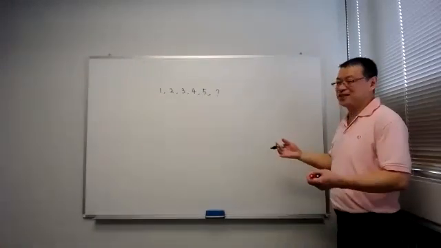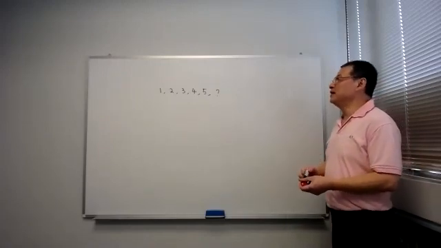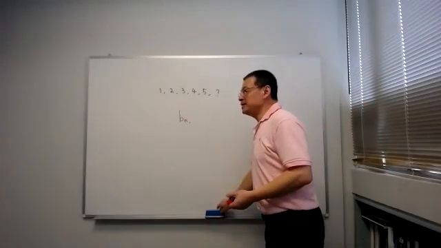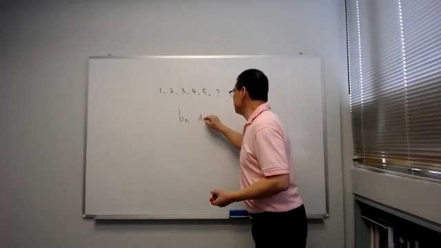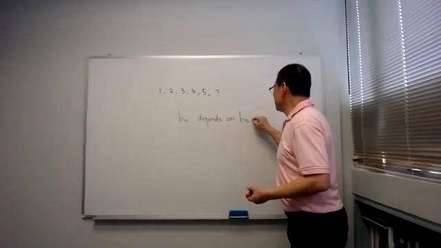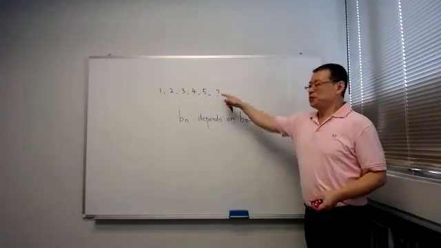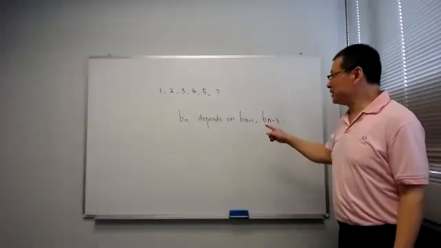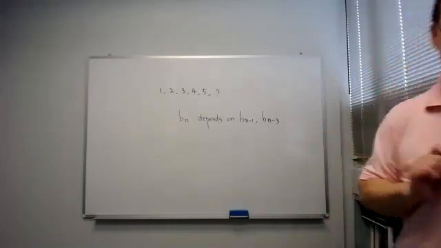Of course, naturally it should be 7. Now, of course, it can be something else as well. But if I tell you again, call it b_n, that b_n depends on b_{n-1} and b_{n-3}, what should the next number be? I'll give you maybe 1 minute to see whether you can obtain it.